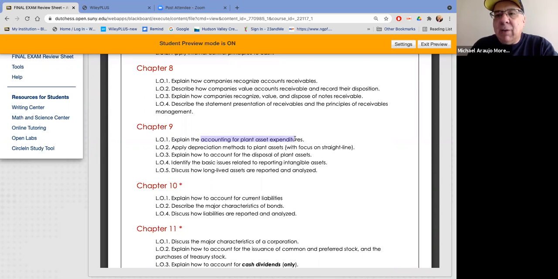So when a company buys a piece of land or when they buy a building and they have all this money they have to spend for it, what of that is part of the cost of that asset? So we looked at everything that they need to spend to get it ready for use. The standard is ready for use. So we learned about that, and you had some calculations to do, and you'll see a few more on the final.